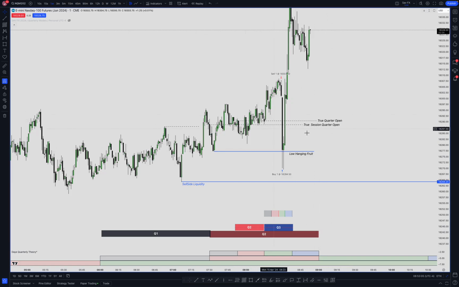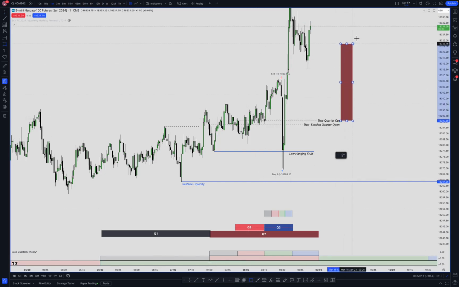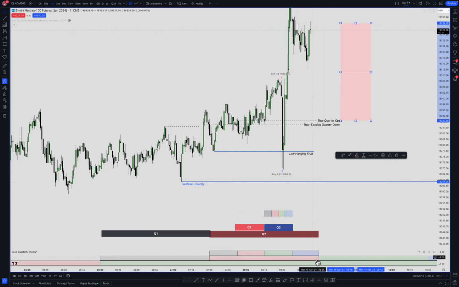So anything above these two ranges right here is premium, meaning anywhere above here is premium, no matter how high price is going for this specific quarter right here. You are only gonna be looking for shorts. Anything bullish is low probability, meaning price needs to go below both these opens to seek low prices, right? So hopefully this makes sense.